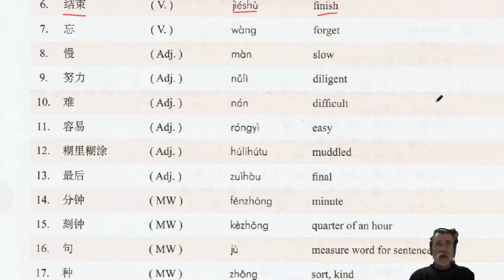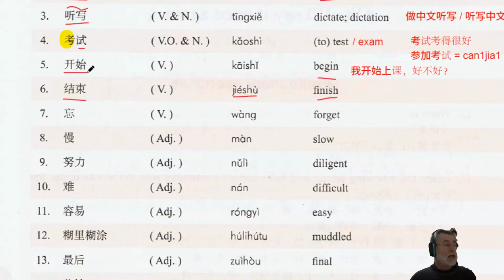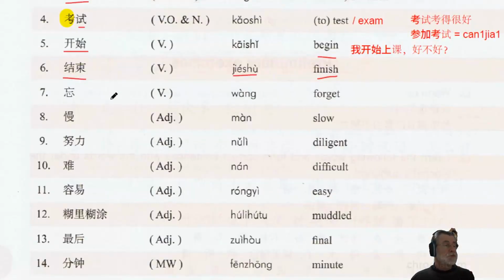So 开处方. We've also got the classic example of 开门, to open a door. So 开 in that sense, to begin. And 始 is the beginning of something. 始, that second character, also means the beginning of something, or to begin something.